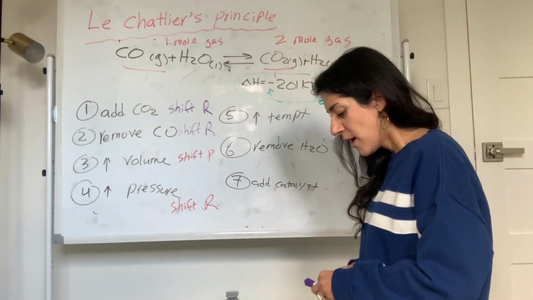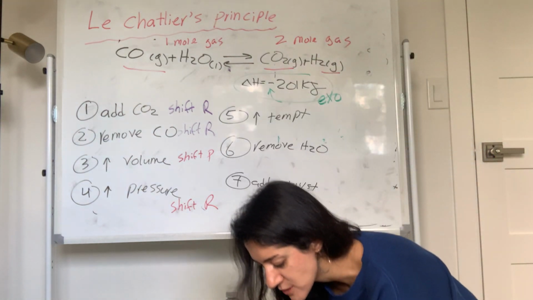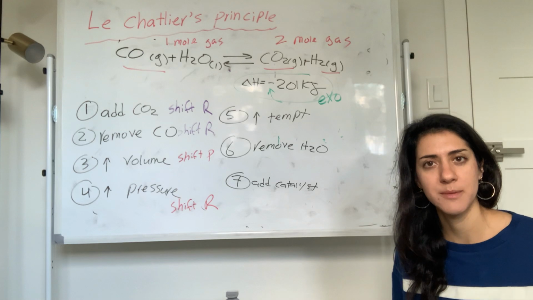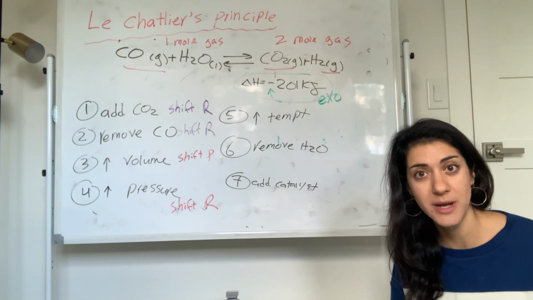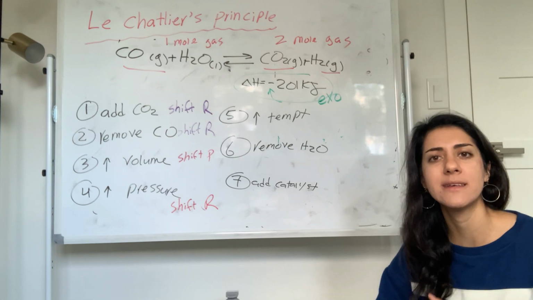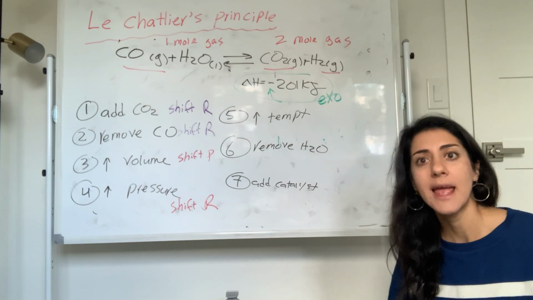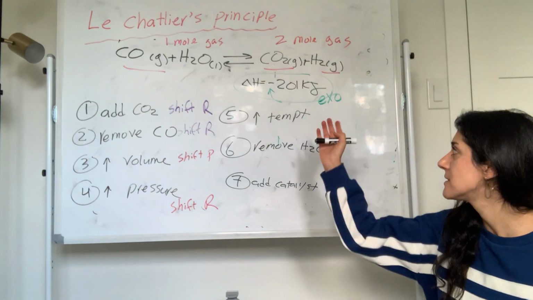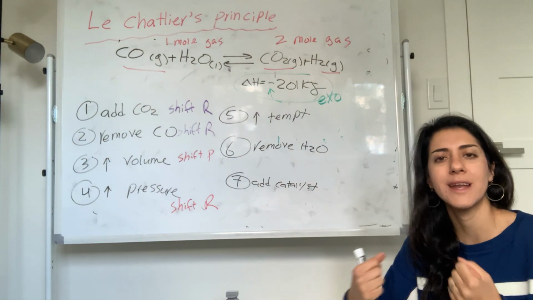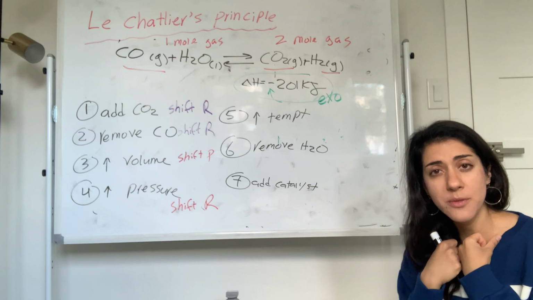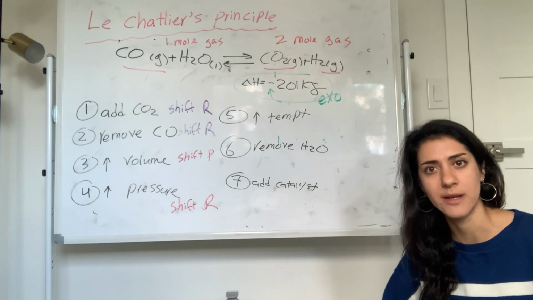Now, what does it mean to have an exothermic reaction? In an exothermic reaction, you release energy. Do you agree? You release heat, you release energy to the surroundings. Endothermic reaction, where delta H is positive, means you require energy; you get energy from the surroundings. So exothermic, you release energy to the surroundings.